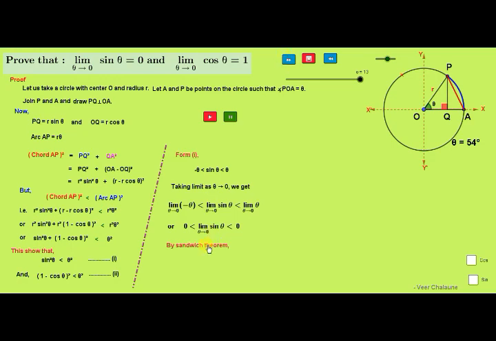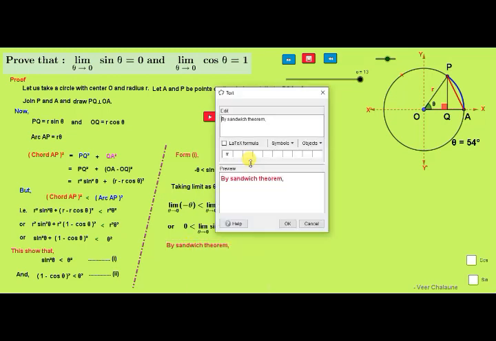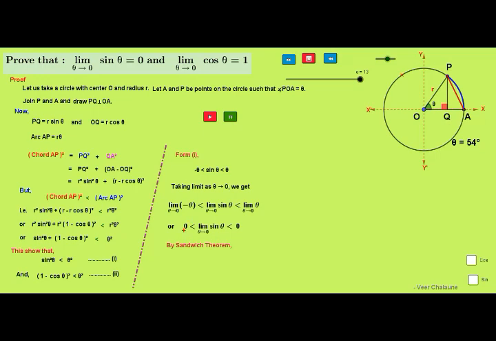So according to the sandwich theorem, if this is 0 and this is also 0, that means both sides are the same.